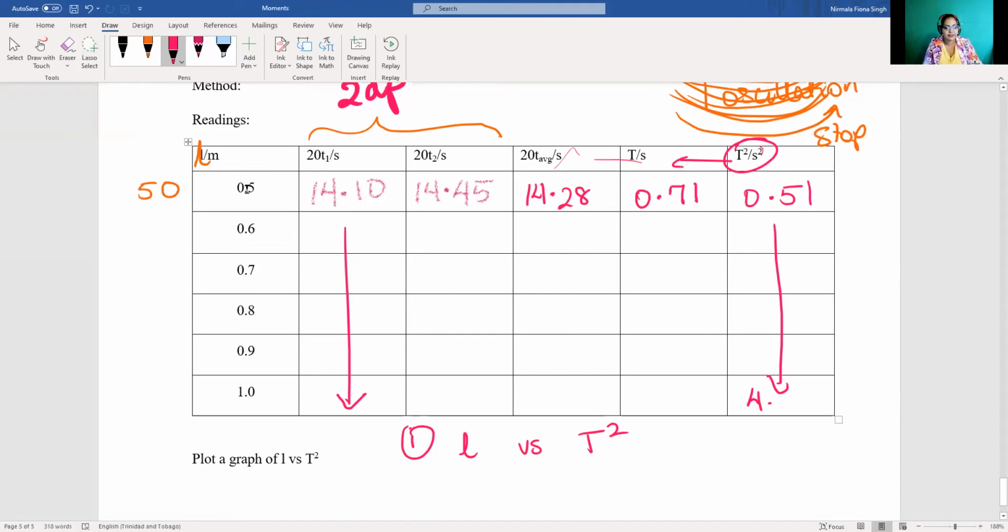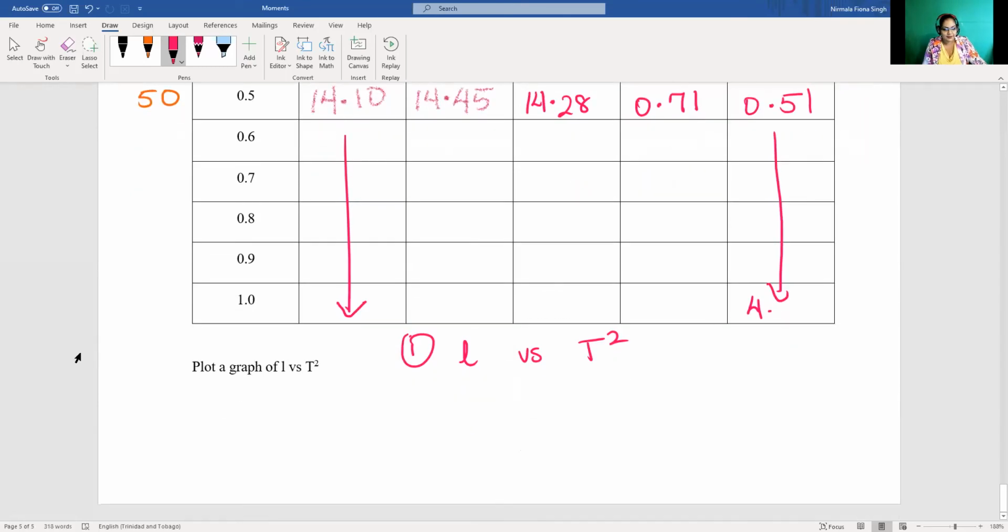If you want to cut your graph and start at 0.5, that is fine, but you have to make sure that you cover plenty of the page.